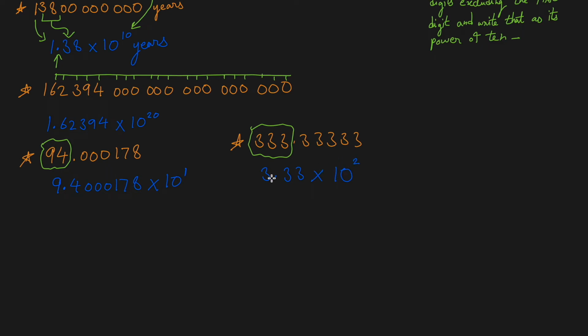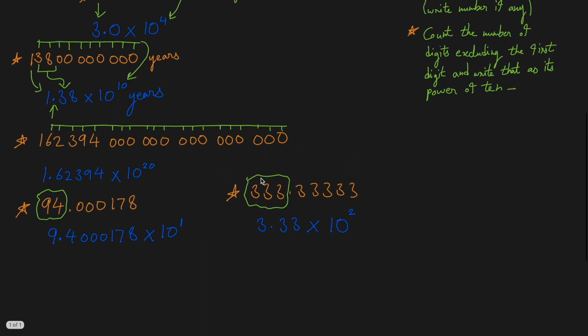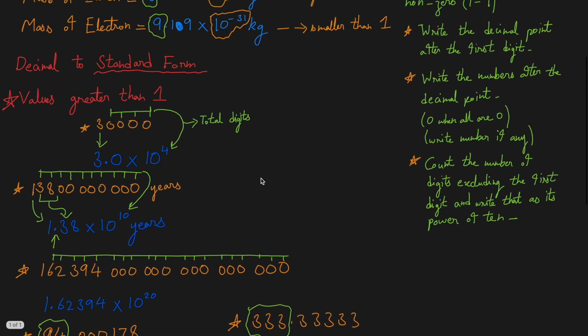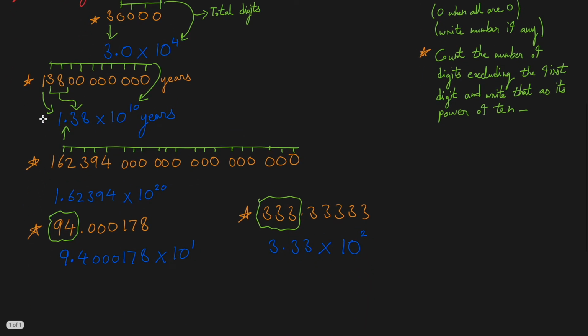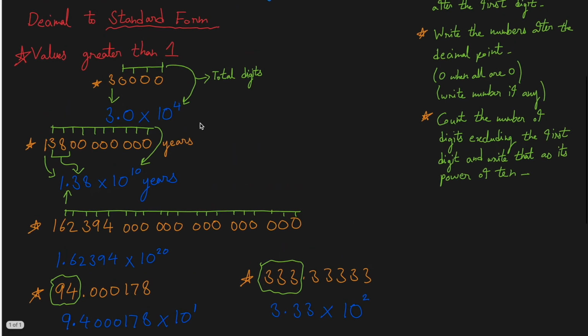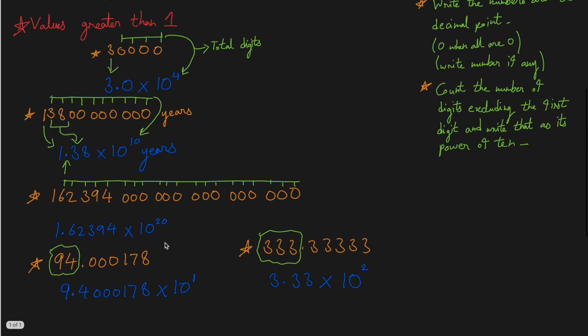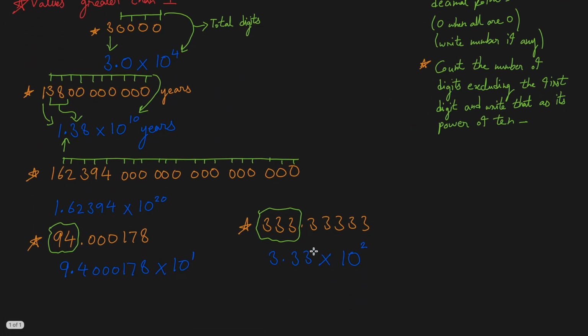So that is how you write decimals in scientific notation, only when the values are greater than 1. We will write them in scientific notation if their values are greater than 1.